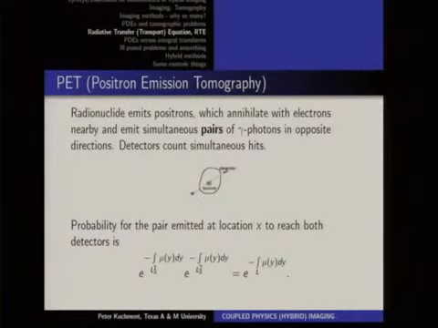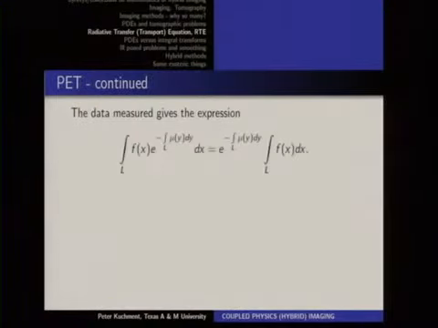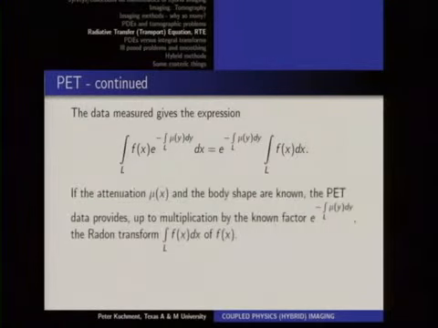And you get an integral transform that looks like this. And you see, unlike in SPECT, where this integral was not over the whole beam, but only a portion of the beam starting at the point x, this doesn't depend on x. You can pull it out.